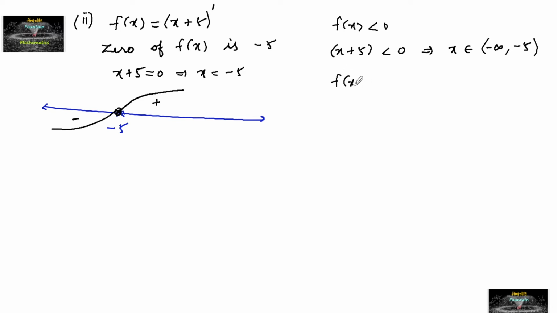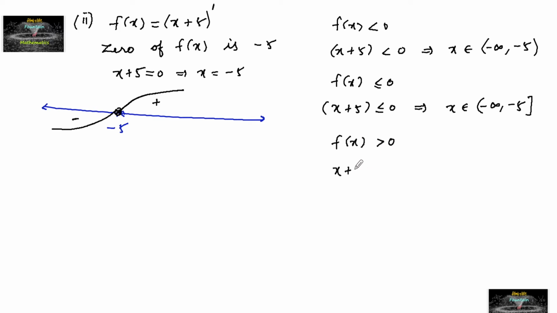And if f of x is less than or equal to 0, that is x plus 5 is less than or equal to 0, which implies that x belongs to minus infinity to negative 5, it's closed. So we can include minus 5 also. And for f of x greater than 0, that is x plus 5 is greater than 0, x must belong to the positive region, which is minus 5 to infinity.